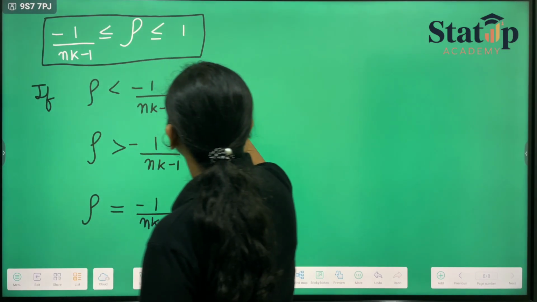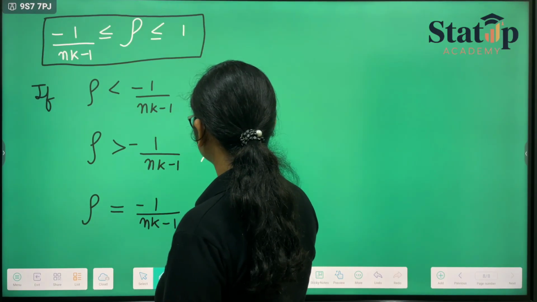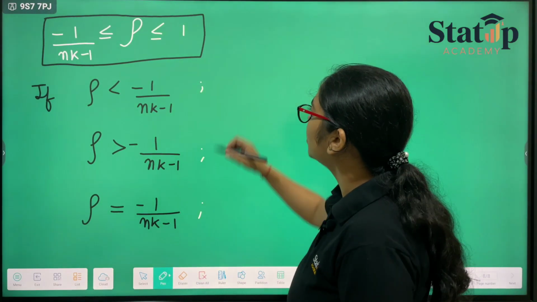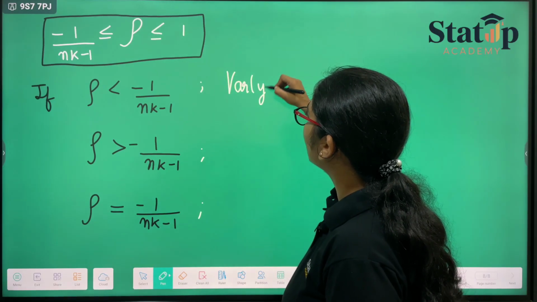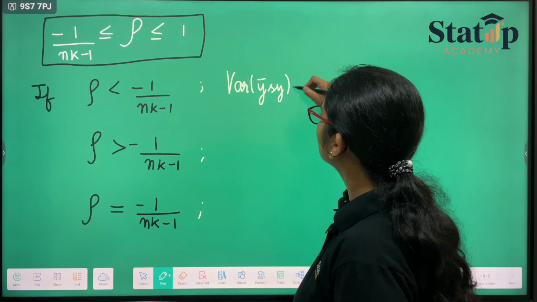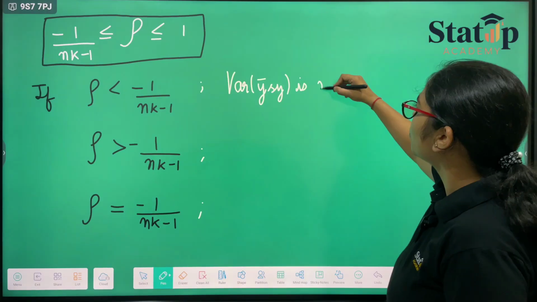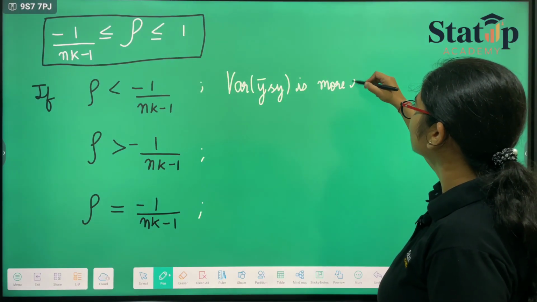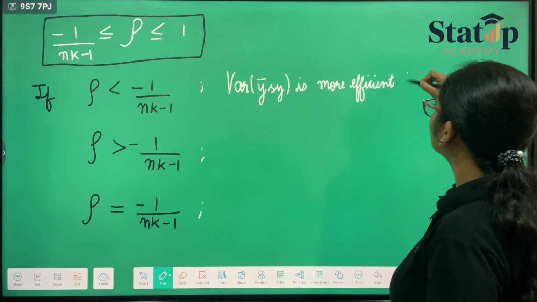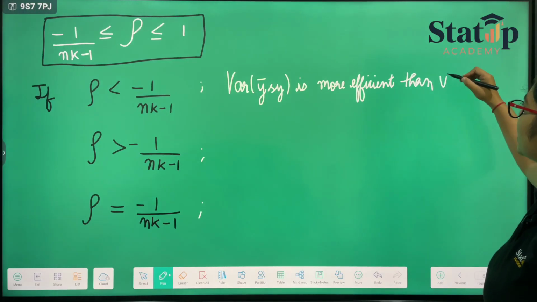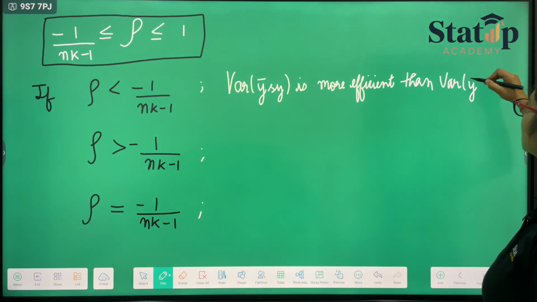If rho is less than this, then variance of Y bar systematic is more efficient than variance of Y bar without replacement.